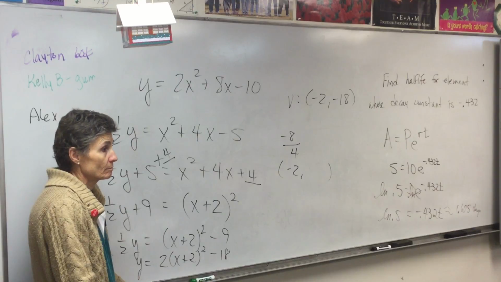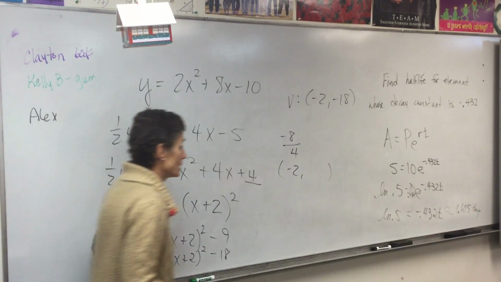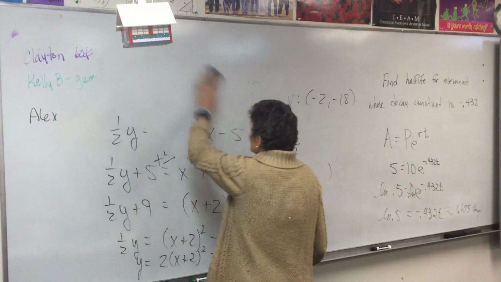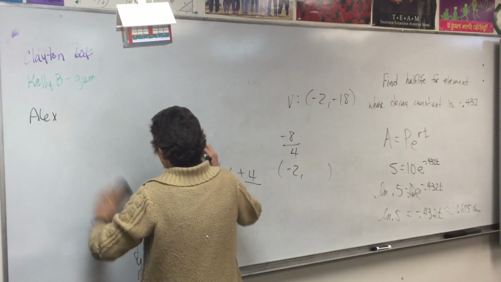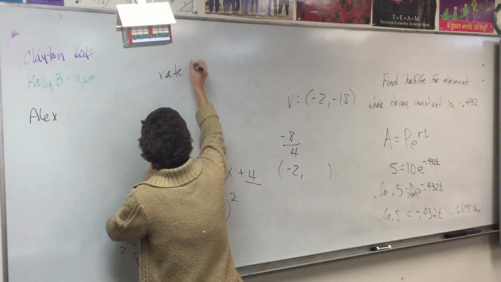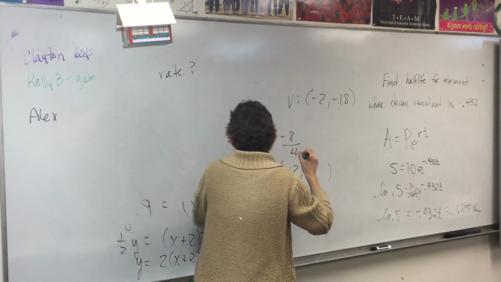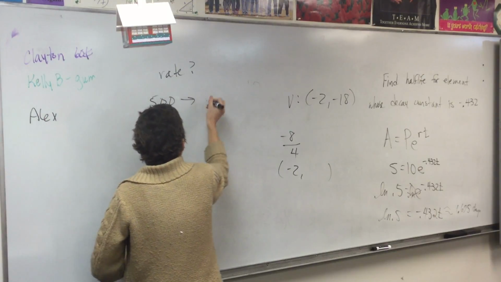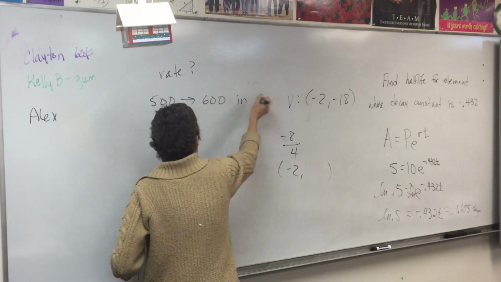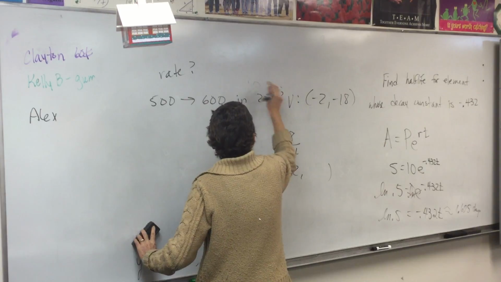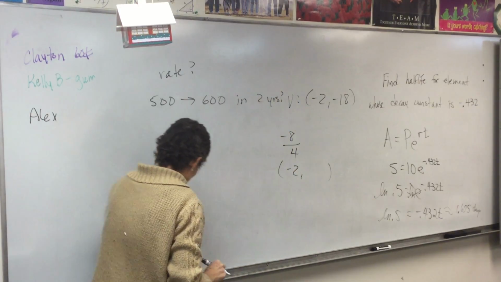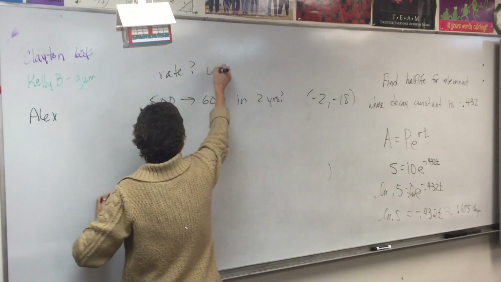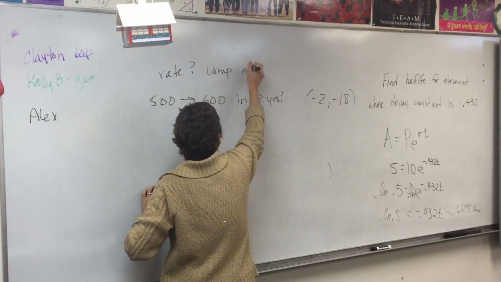Can we do the other equation instead of third? So a compound interest problem. So what interest rate would be necessary to grow $500 to $600 in 2 years? Let's say compounded monthly.